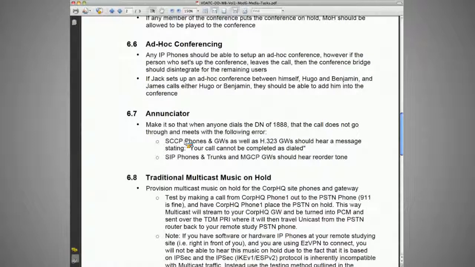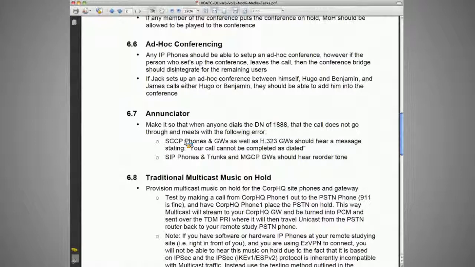Because they were so chatty, with so many verbose messages, Cisco, when creating the Skinny Client Control Protocol, decided to make it much skinnier, much less chatty. And so that's really where the name Skinny comes from. But it is a derivative of H323.